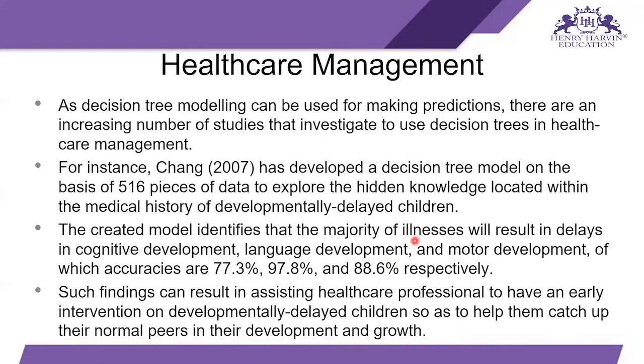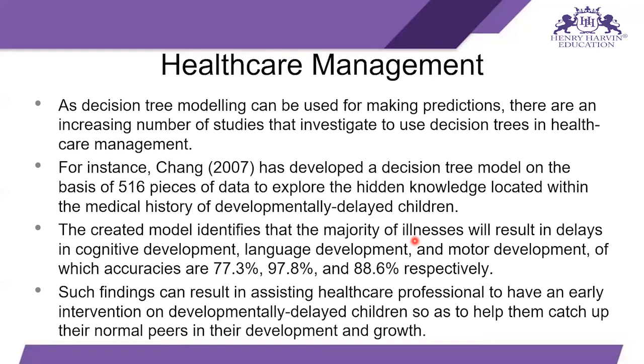So to find out the developmentally delayed children, Chang in 2007 made a decision tree on 516 pieces of data to find out where these children lag behind, and that was 77.3%, 97.8%, and 88.6% accurate, which is good for healthcare.